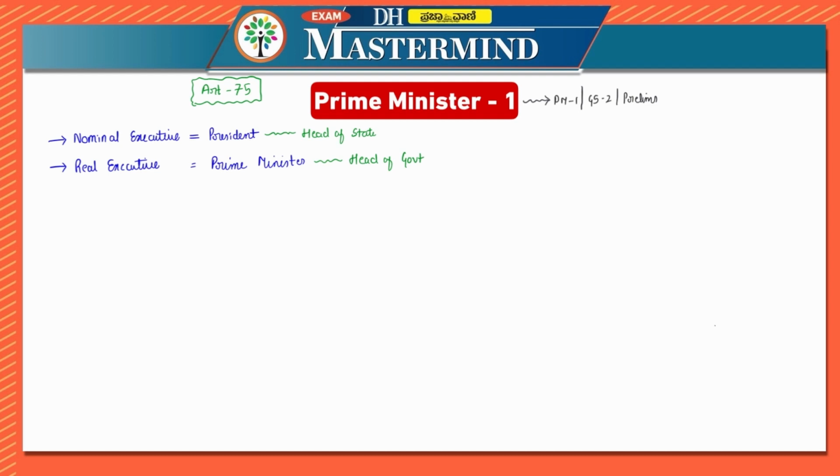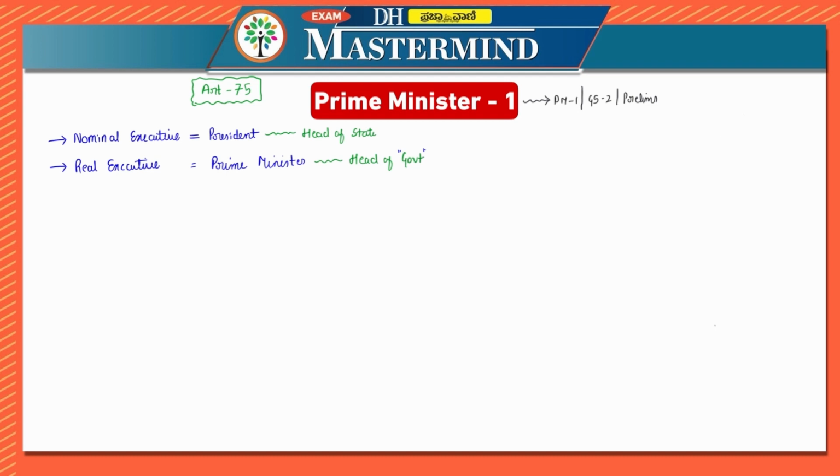Nominal executive is the President, who is also known as head of state. Real executive is the Prime Minister, who is also known as head of government. Now, the government consists of the Prime Minister with the council of ministers. The Prime Minister with the council of ministers are the decision makers, usually the executives.